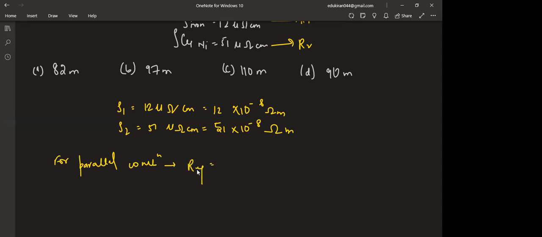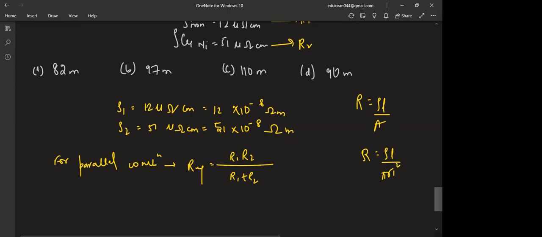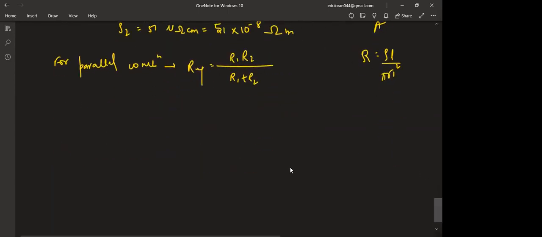R equivalent becomes R1 R2 by R1 plus R2. And you know R is rho L by A. A you can write as pi R1 square. Now see, same thing I'll write over here as well.